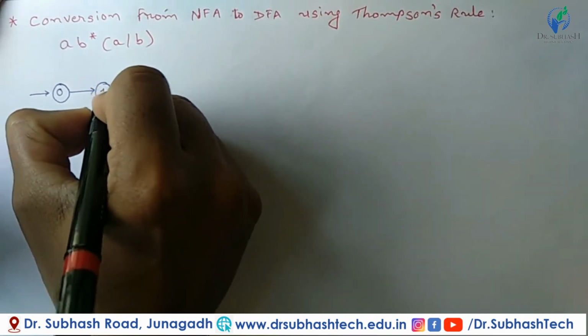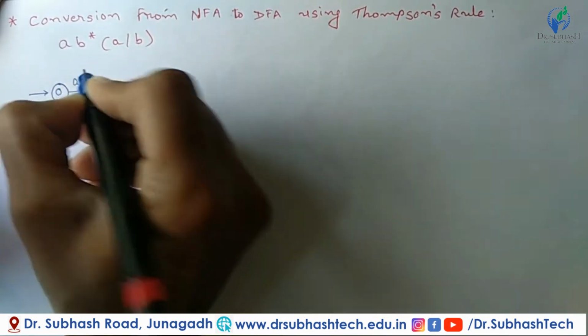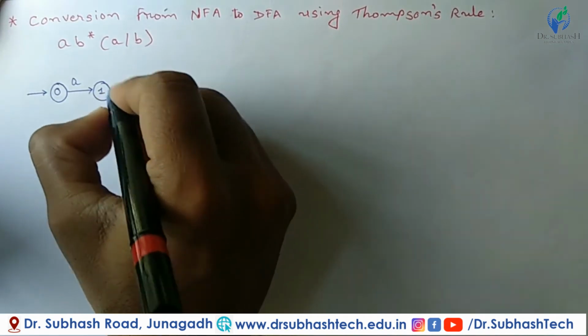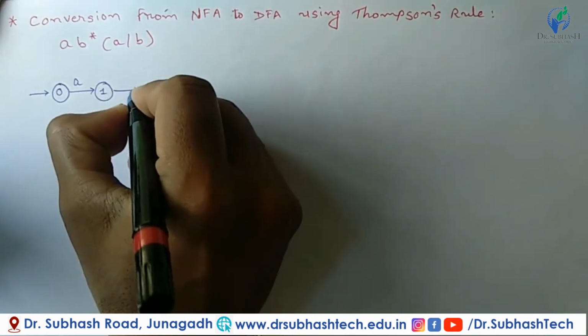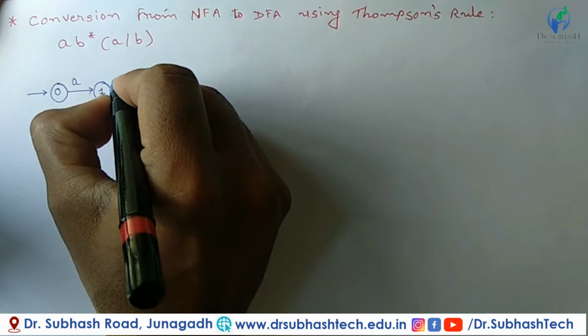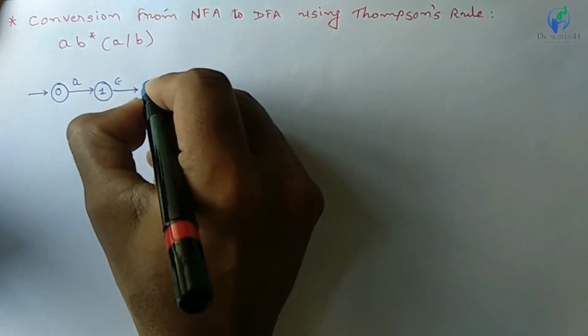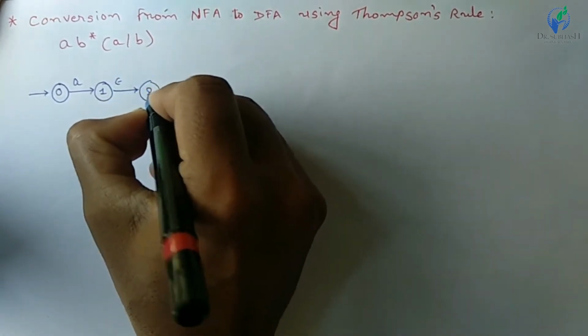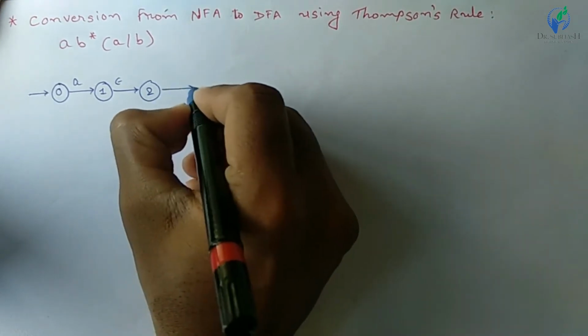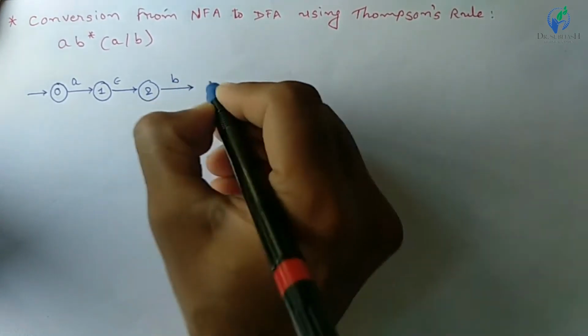First input is a. So start with initial state 0. Then input is a, next state is 1. Then draw the NFA for b star. So first epsilon, then b.